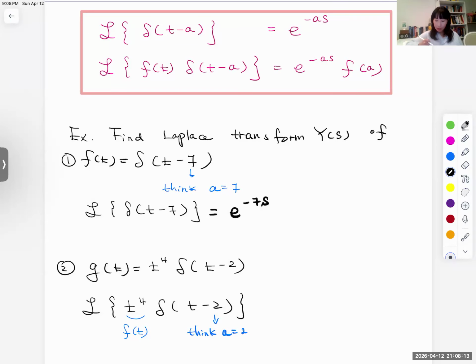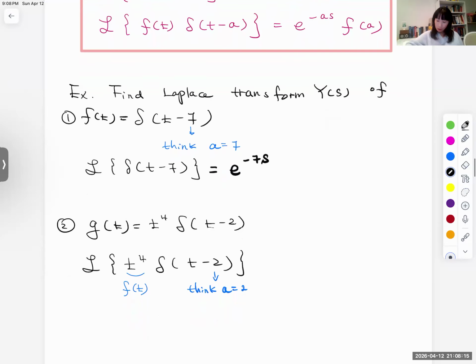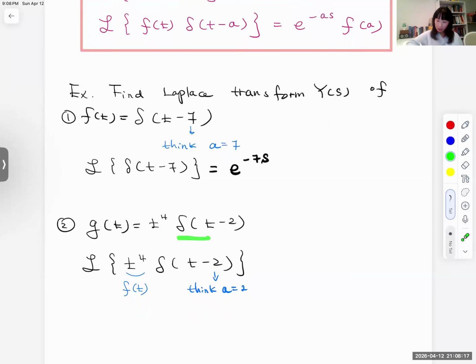All right, second one. We have delta of t minus 2, so a equals 2. We can express e to the negative 2s, then t to the fourth power will be f of t, so we need f of a.